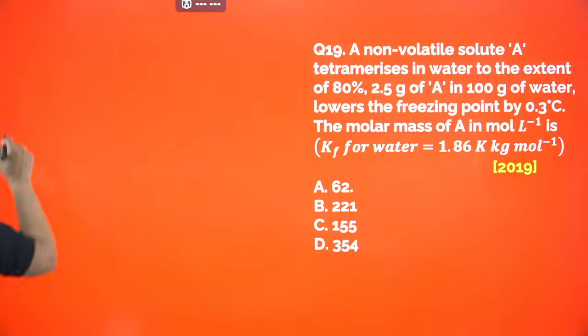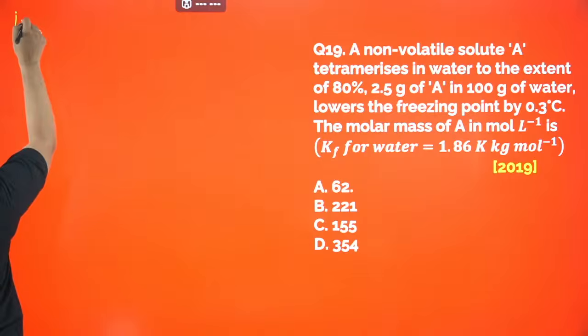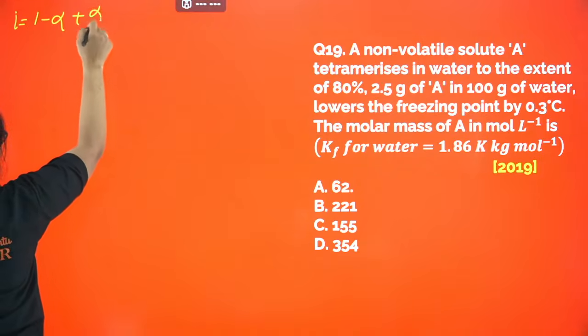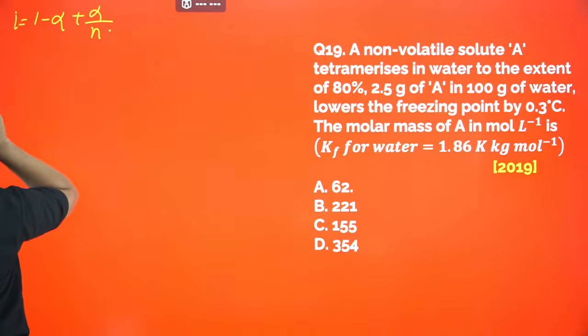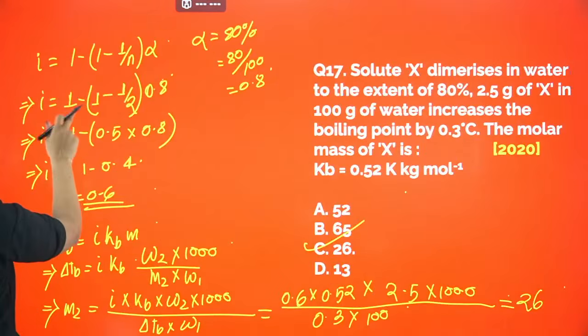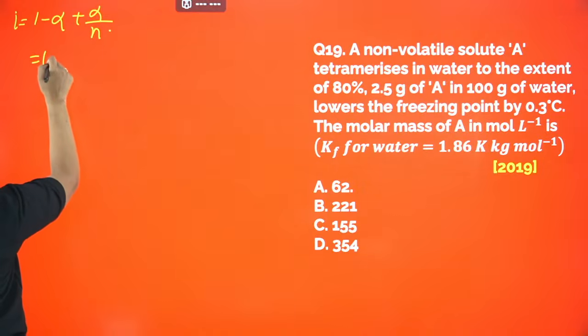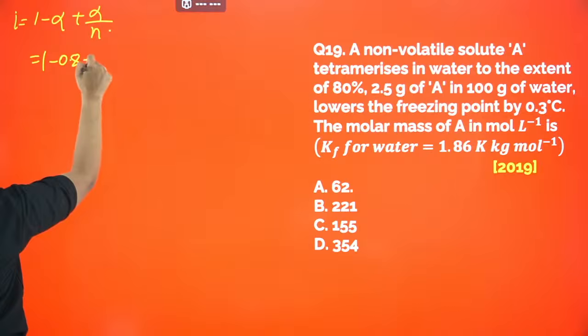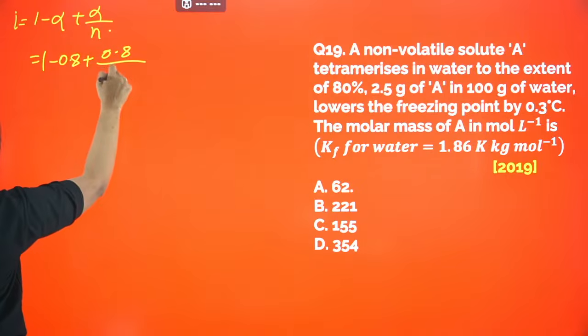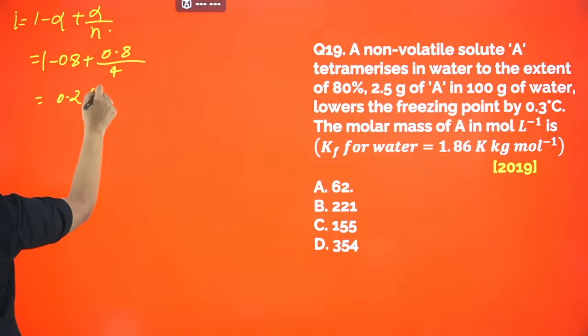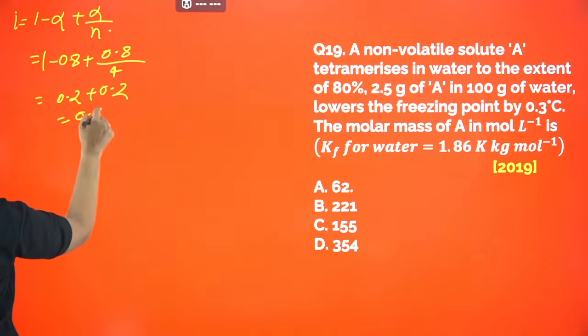So again we have to apply this formula, I equals 1 minus alpha plus alpha by n, right? Alpha we know is 80%, so 0.8. 1 minus 0.8 plus 0.8 divided by 4 because of tetramerization, right? So 0.2 plus 0.2 will give you 0.4.